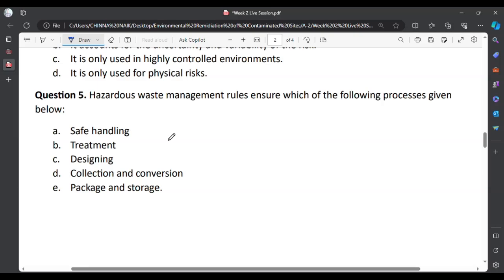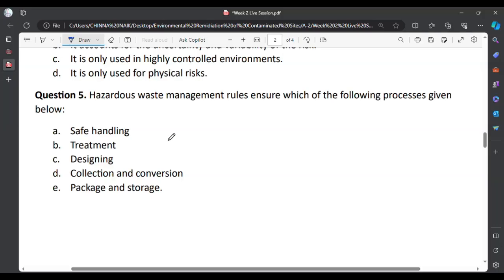I already discussed them: safe handling, generation, processing, treatment, packaging, storage, transportation, collection, conversion. Here the options are safe handling, treatment, designing, collection, conversion, packaging, and storage. Now tell me which processes are ensured by the hazardous waste management rules.